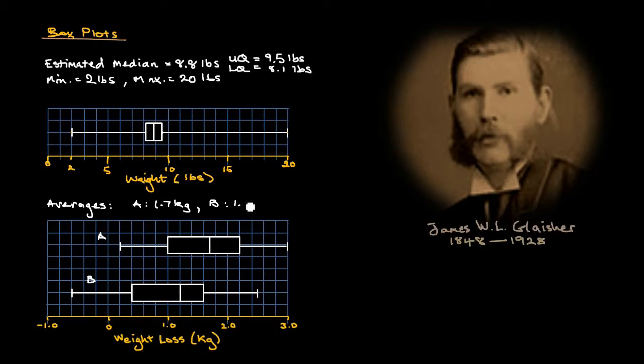So the first thing we can say is group A, on average, lost more than group B. Okay, so our conclusion is that group A, on average, lost more weight.